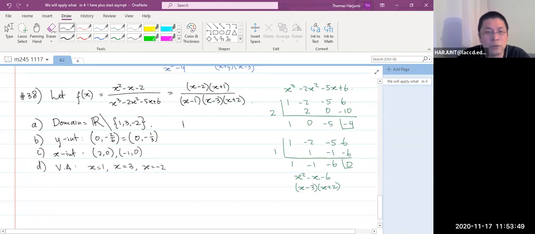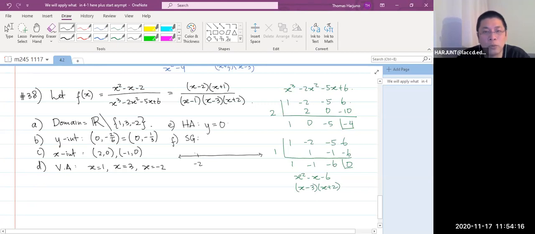Horizontal asymptote: the degree on the top is less than the degree at the bottom, so y equals 0. Let's do the sign graph to help us see if the graph will be above or below the x-axis and where.